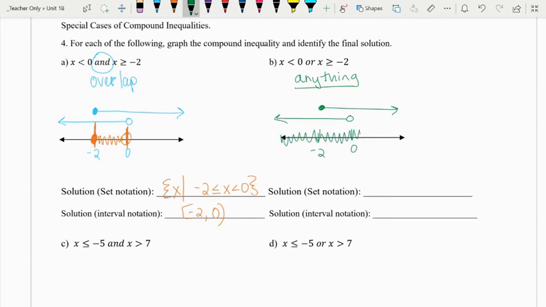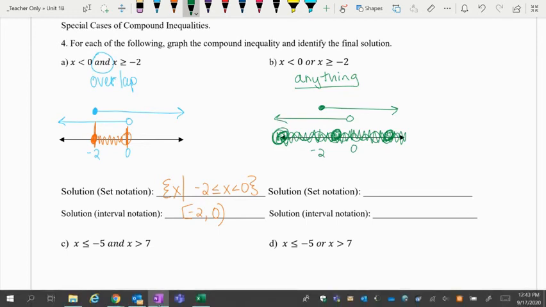So if they have 1 or 2 lines over it, it means that you will include it, okay? So you can be less than 0 only, like be over here. You could pick one that's in between it, or you could pick one that's only greater than -2. Okay, either way, all of them would work.